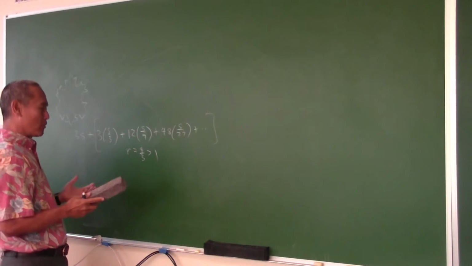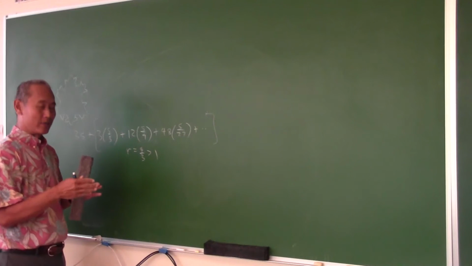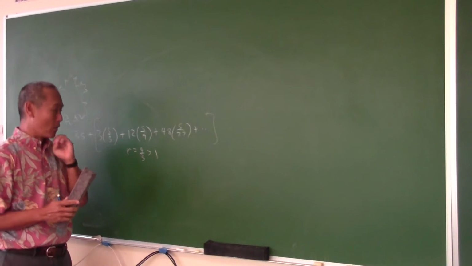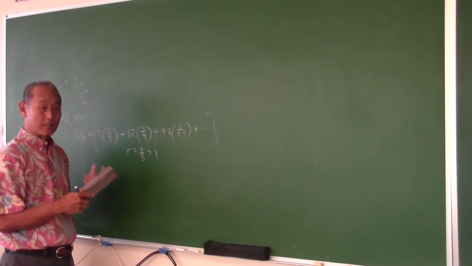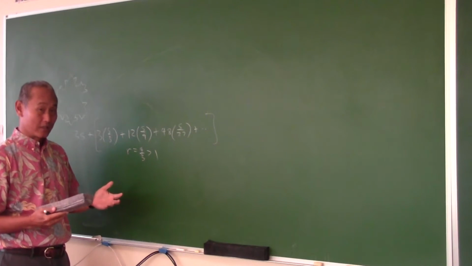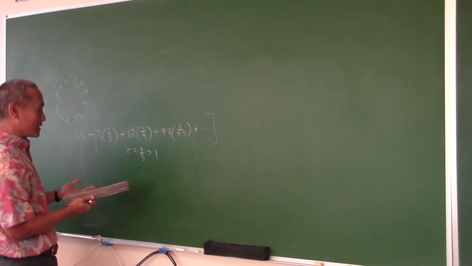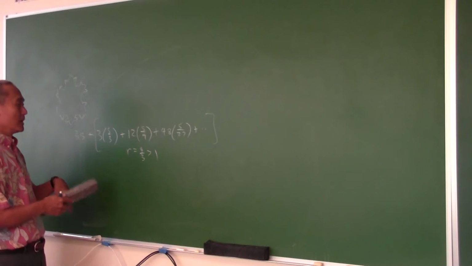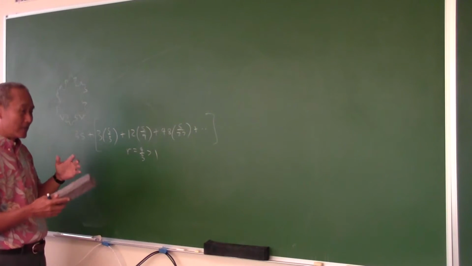Now some of you on the quiz put the absolute value of r is greater than 1, but that's incorrect, because what if r was negative 4/3? Then the series wouldn't diverge to infinity, it would just diverge. So a lot of you lost 2 points there. A lot of you also lost 2 points because you got confused between a sequence and a series.